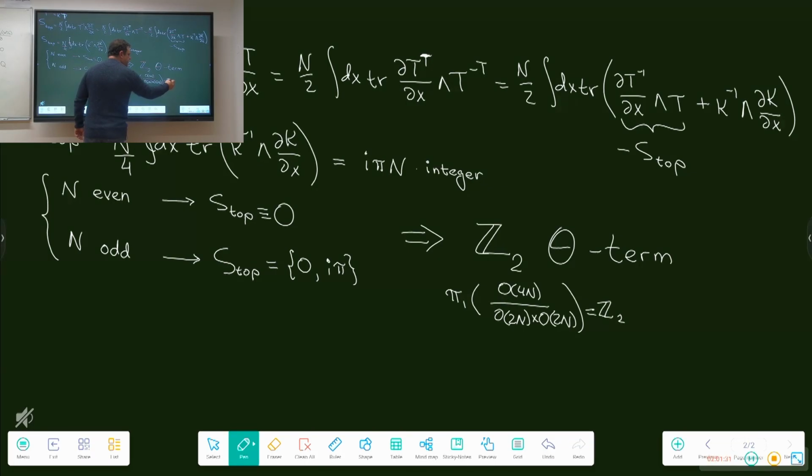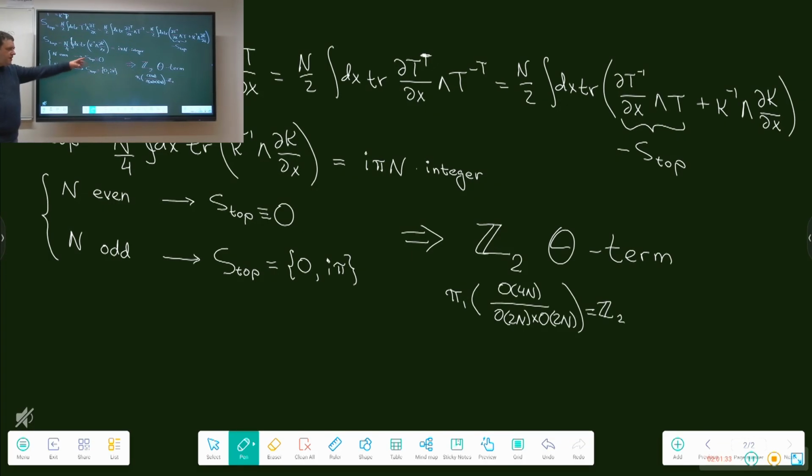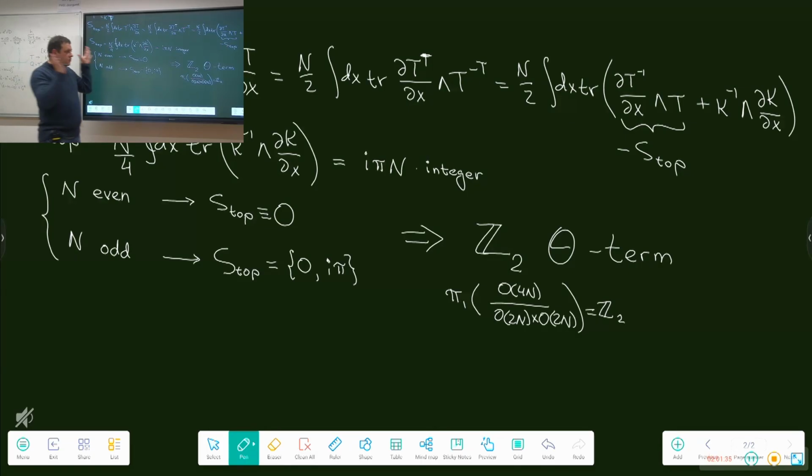We will discuss it next time. Don't pay attention. I'm just saying it has all the same properties as the Pruisken term, as the usual theta term. It takes discrete values. The only distinction is that in this case there are only two distinct values and not any integer number.